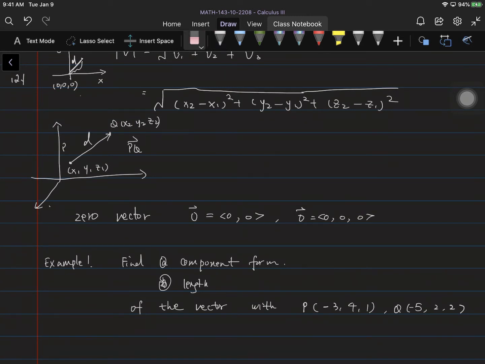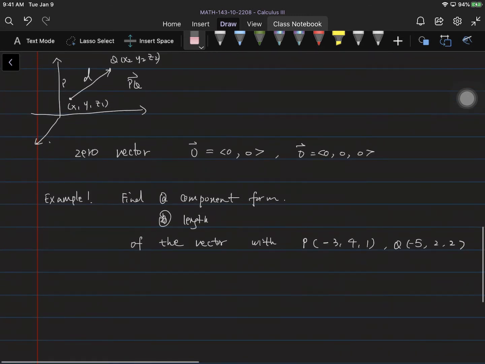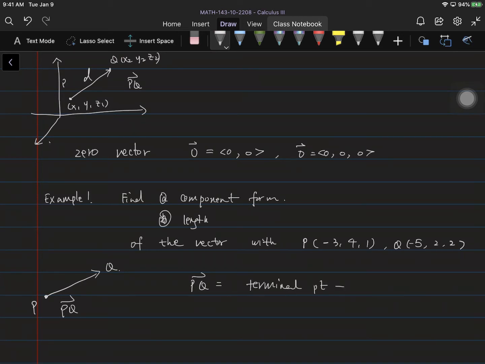Now let's take a look at how to find the component form of this vector. For example, if we have point P and point Q, and we say this vector PQ, right? PQ always equals the terminal point minus the initial point.